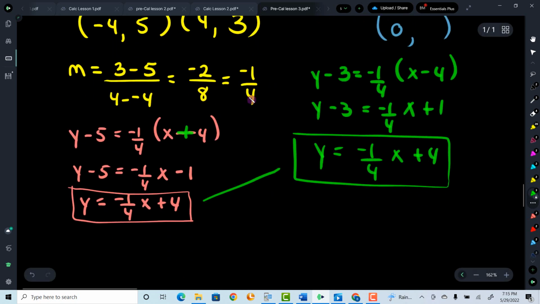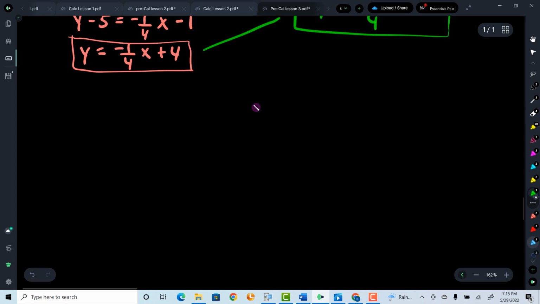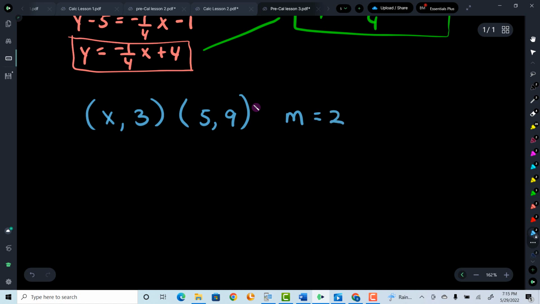Okay, let's see here. Here's a question for you. Let's say that I have the points (x, 3) and (5, 9). And the slope is 2. Find the value of x.